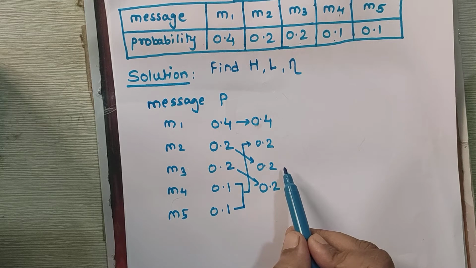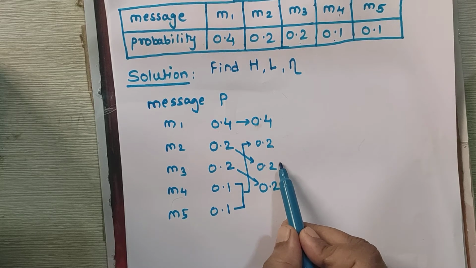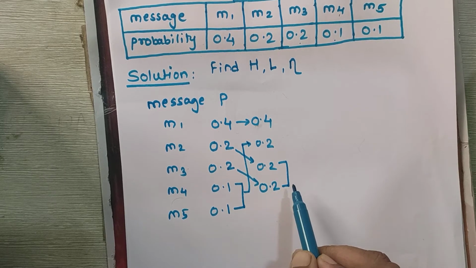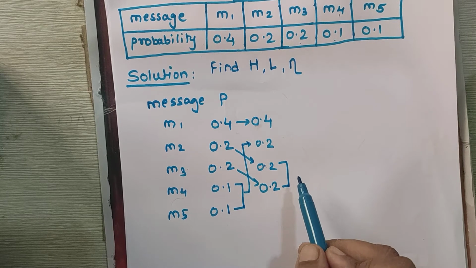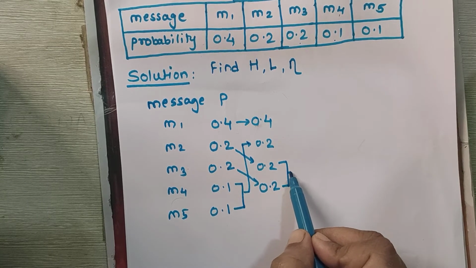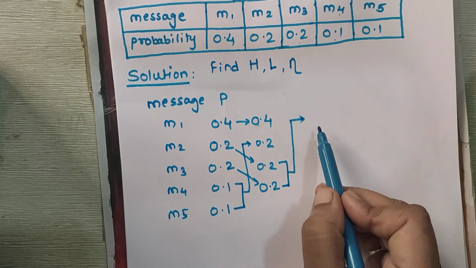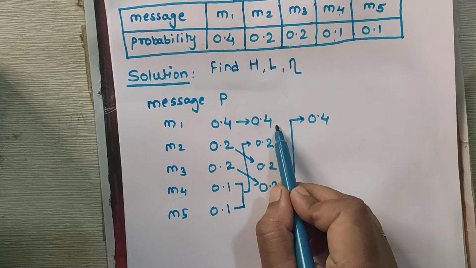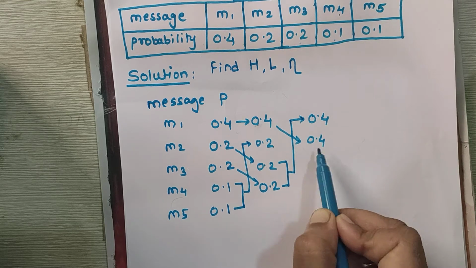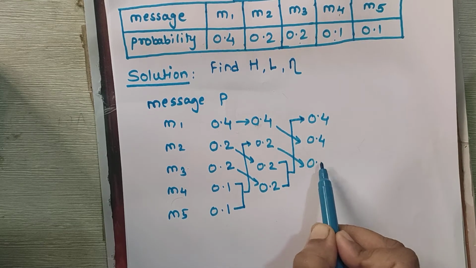Again I will add the next lower probabilities, whose addition comes to 0.4, but that 0.4 I will put on the top, and this other 0.4 will be shifted over here, and this will be 0.2.